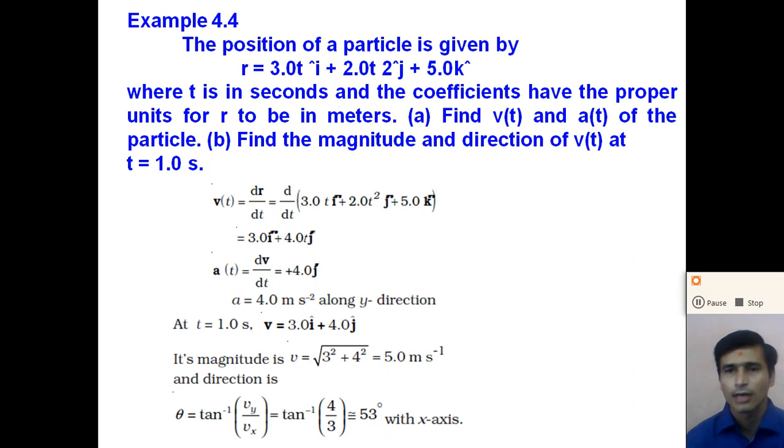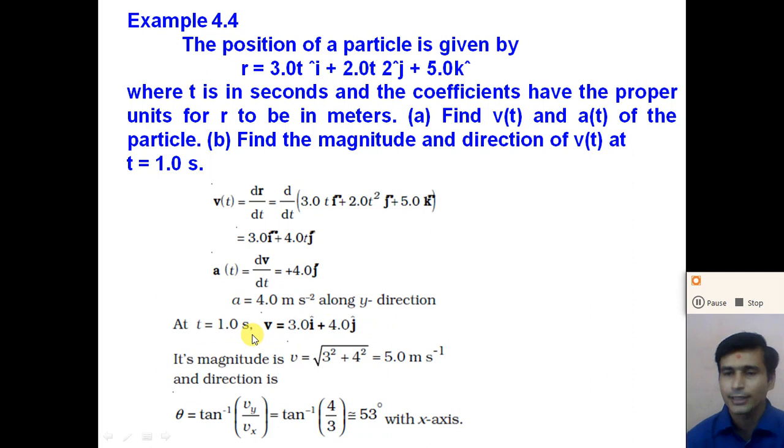Now how can we find the velocity at time t equal to 1? From the velocity vector v(t) is equal to 3i plus 4t j, we can calculate the velocity at any time. So at time t equal to 1 second, the velocity is 3i, and instead of t we place 1, that is 4j.